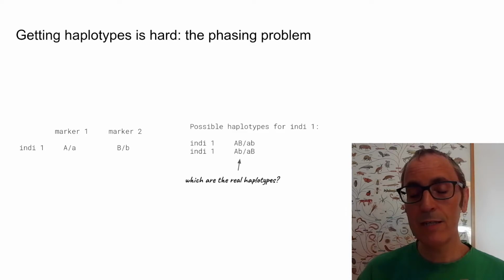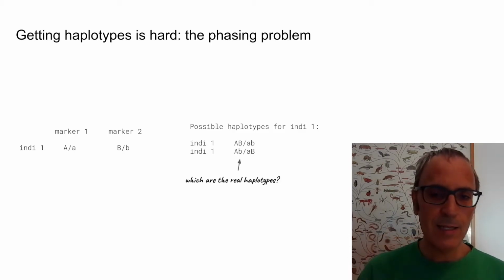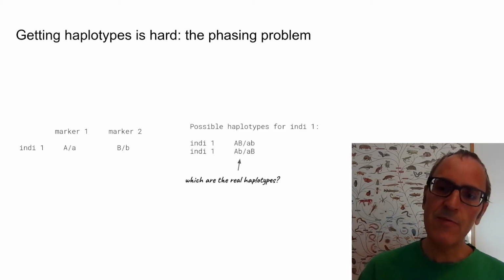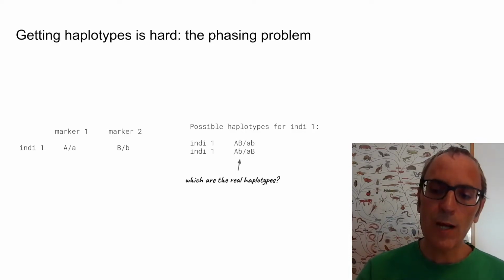The assumption is that some individuals will be homozygous, and in those it's trivial to derive the haplotypes, and with that you can build statistical models and infer the haplotypes. But it's not a trivial thing, and you need quite a lot of information in order to have a good inference.